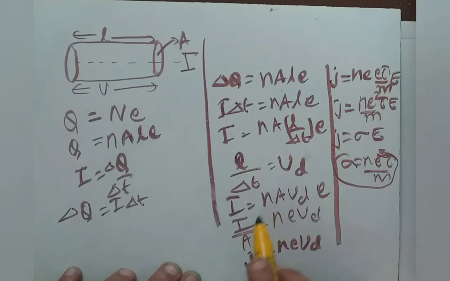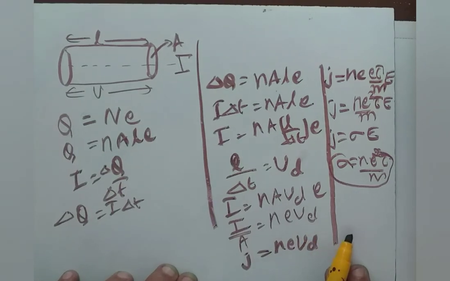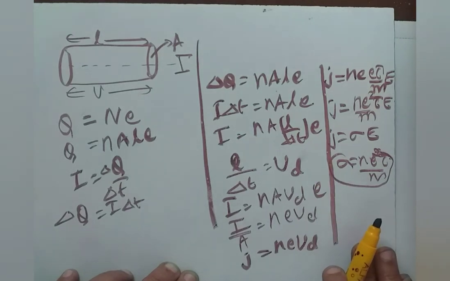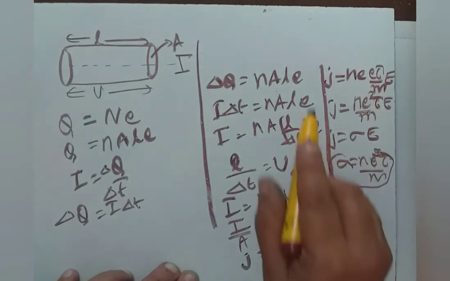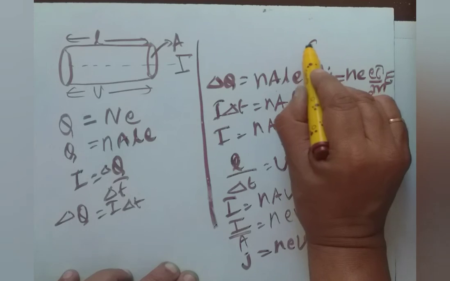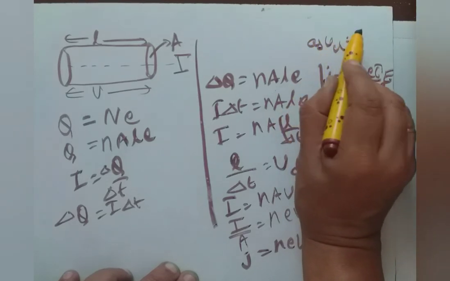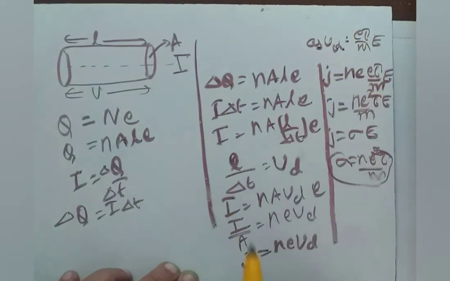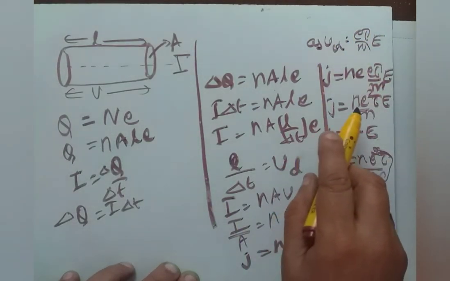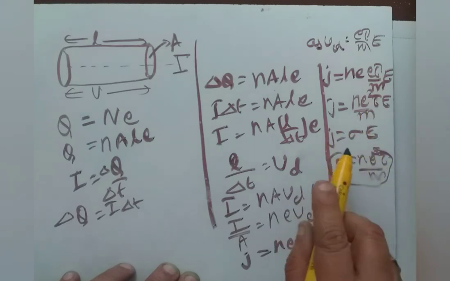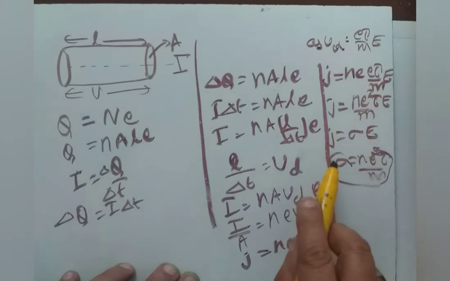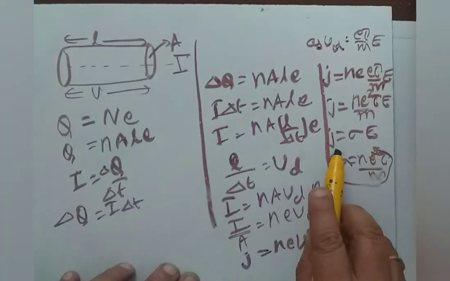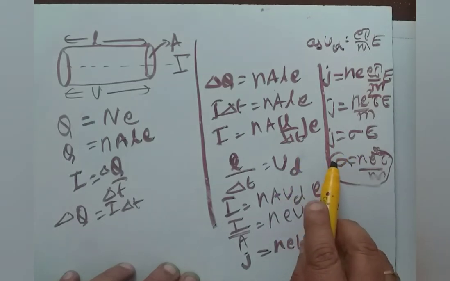But if we take A onto this side, I by A is J, the current density, equals n e Vd. If we substitute for Vd as e tau by m into E, therefore J equals n e square tau by m into E, or n e square tau by m can be called sigma, so J equals sigma E. It is again Ohm's law, as we proved previously.